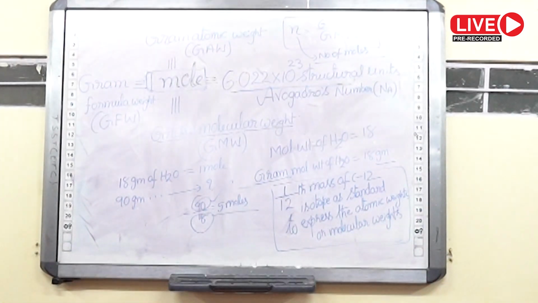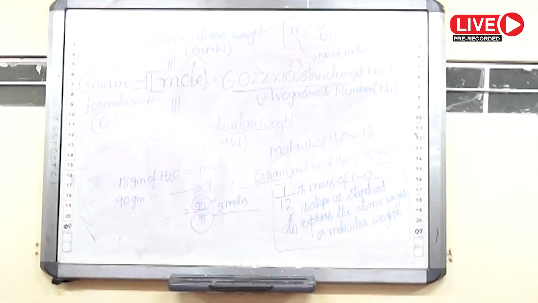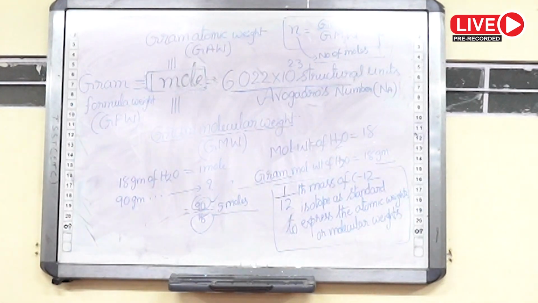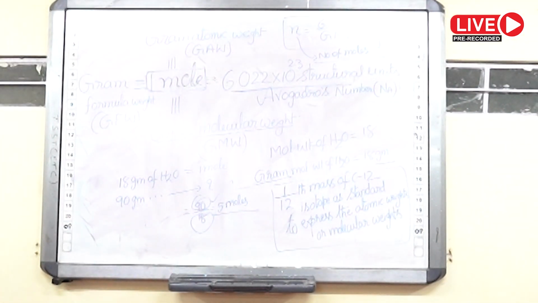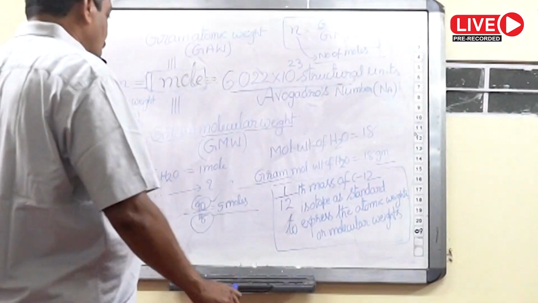Yes, please, anyone answer? So it has two isotopes. Yes, very good. The fractional atomic weights of elements are due to the presence of isotopes. So the answer is due to the presence of isotopes.